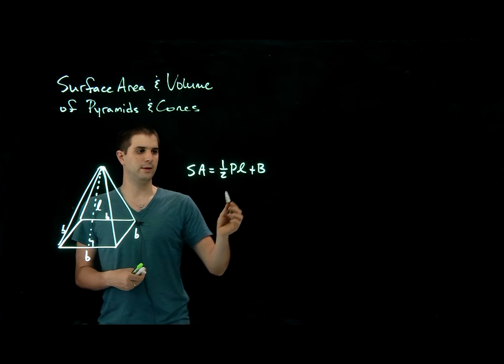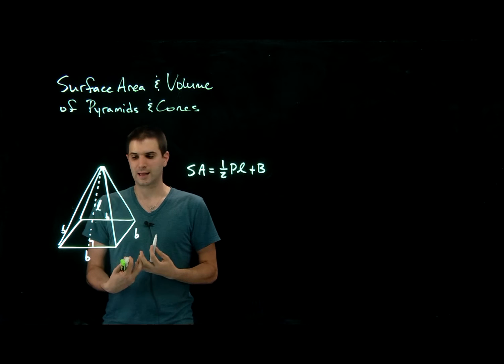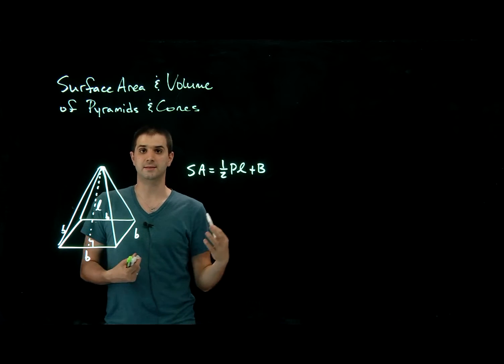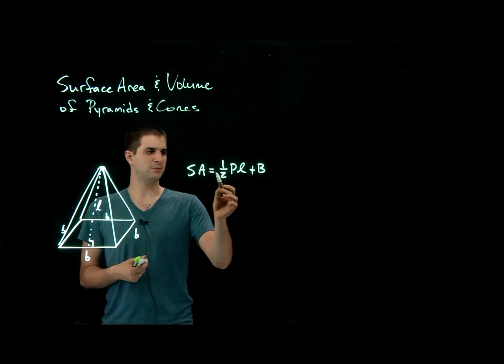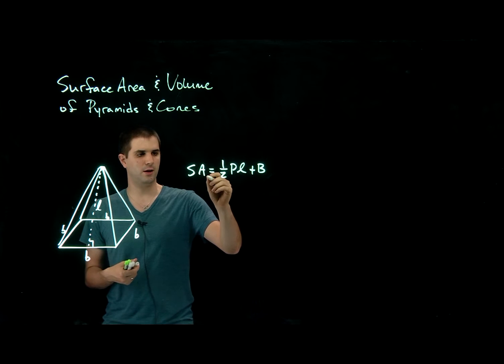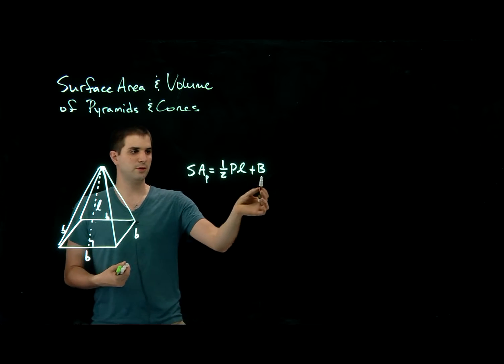Sometimes when we talk about surface area, we talk about lateral area. Lateral area is the area of the faces, and then we add on the bases later. Now, this is the surface area of a pyramid, and this is where the equation comes from.